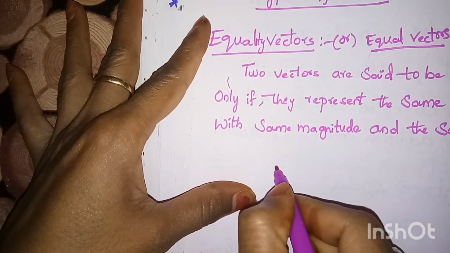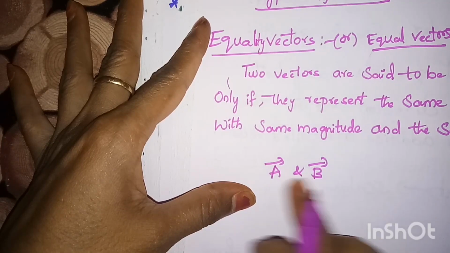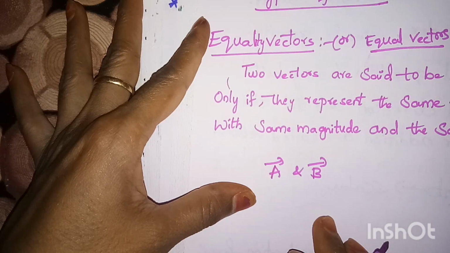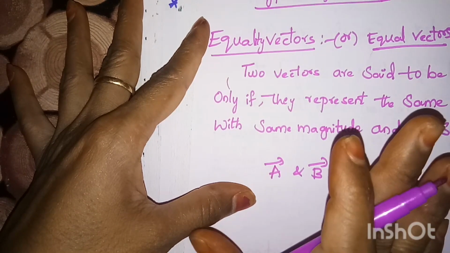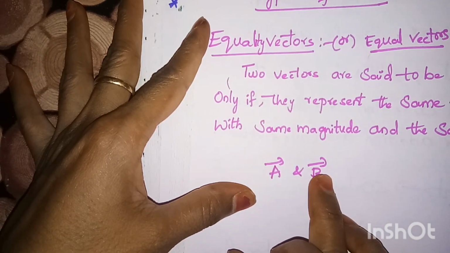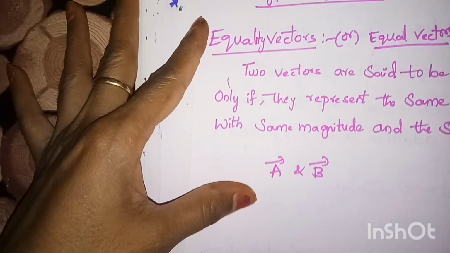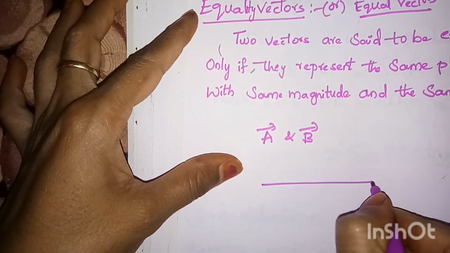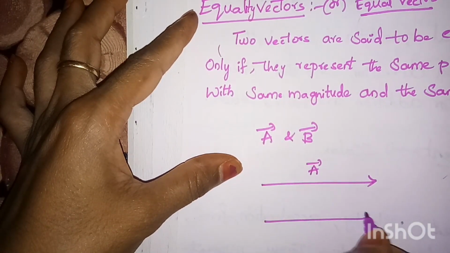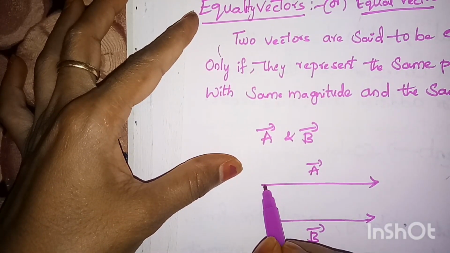I am considering two vectors, A bar and B bar. These two vectors should have the same physical quantities, not different ones, and they should have the same magnitude and the same direction. For suppose this is the A vector and this is the B vector. These two have the same physical quantities, and you can see this is the magnitude.